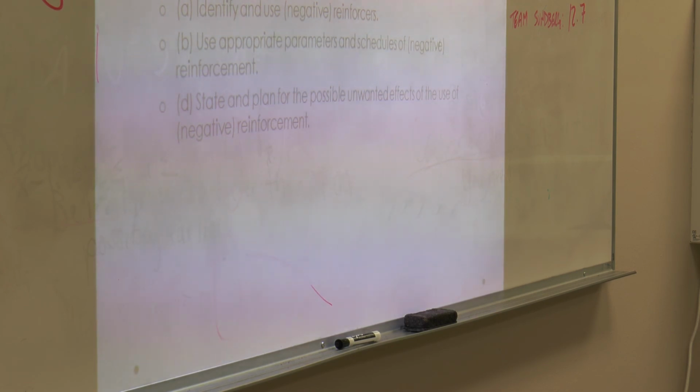Sometimes you end up getting increased physical aggression, and that's an unwanted effect you may have. We'll talk more about that next quarter, maybe at the end of this one, when we talk about extinction bursts and various things like that.